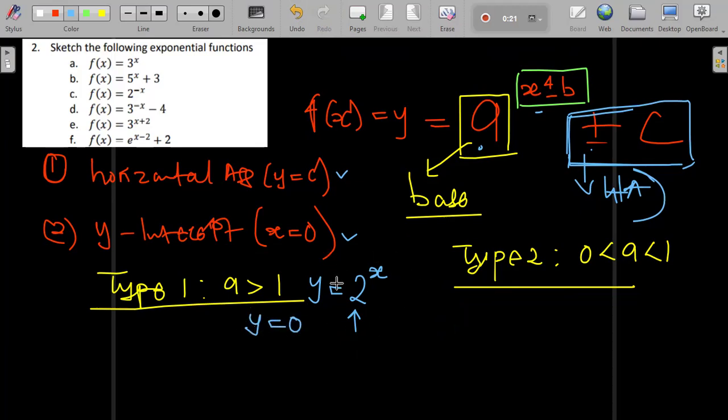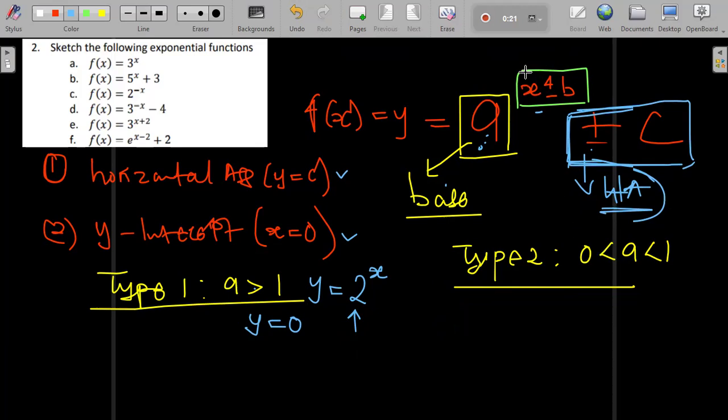If you can't see any number being added to the exponential function, because this c in blue is the one that represents the horizontal asymptote. The a is the base, and depending on its value, we have either type 1 or type 2.